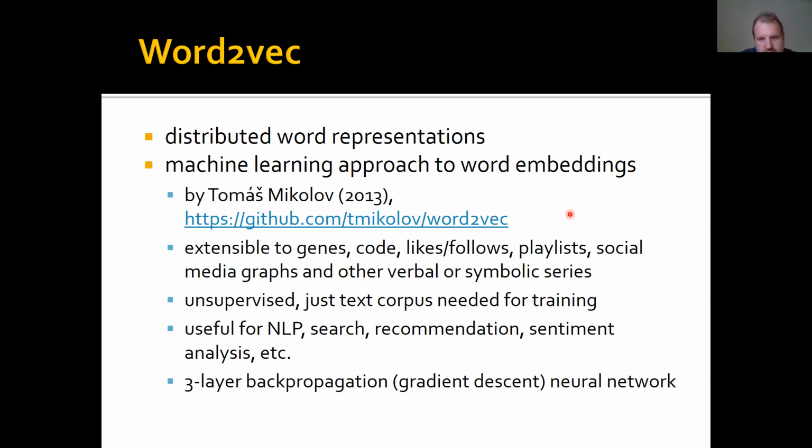At that time he was in Brno, and basically word2vec works for words, but we can embed also other types of data that is symbolic. So we can use this technique and extend it to any symbolic data. A word is symbolic, right? We have a string of characters, so they are symbols. We can have strings of other characters like genes. We have sequences of genes. We could have sequences of likes and follows on Facebook.